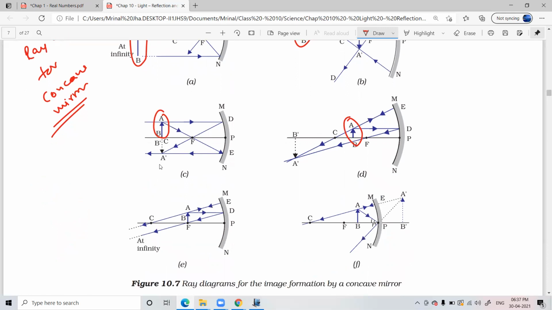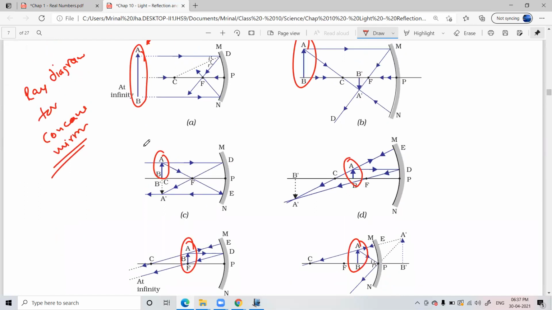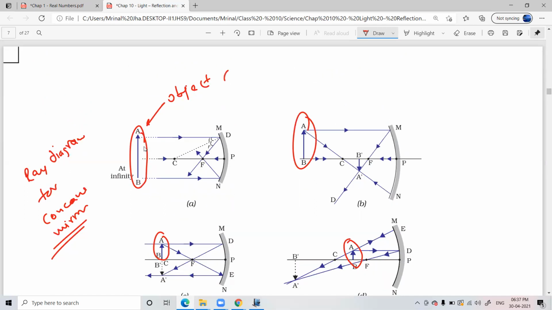Is everyone able to understand where the object is? Normally you represent the object with the letters AB, and it's just an arrow pointing upwards. That means the object is kept upright, head up, feet down. Now this object could be anything. It could be a person, a car, a tree, anything.